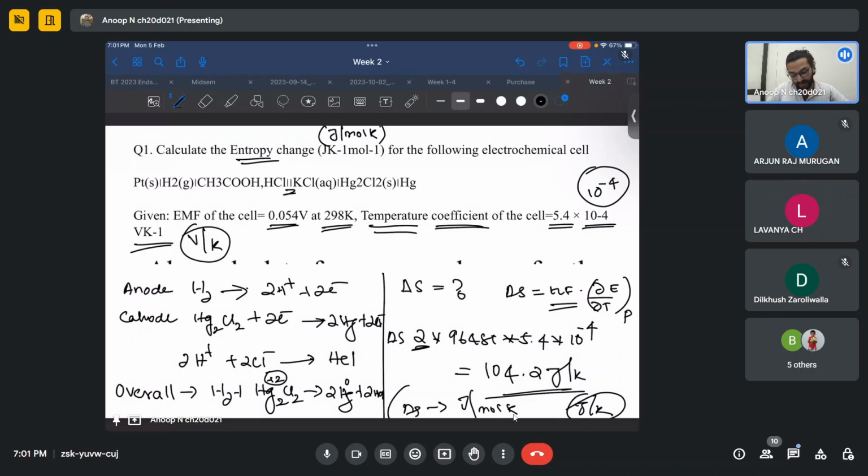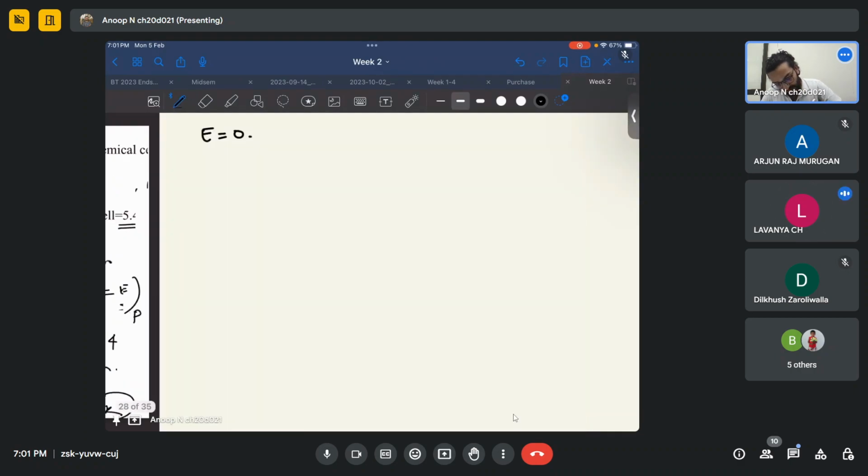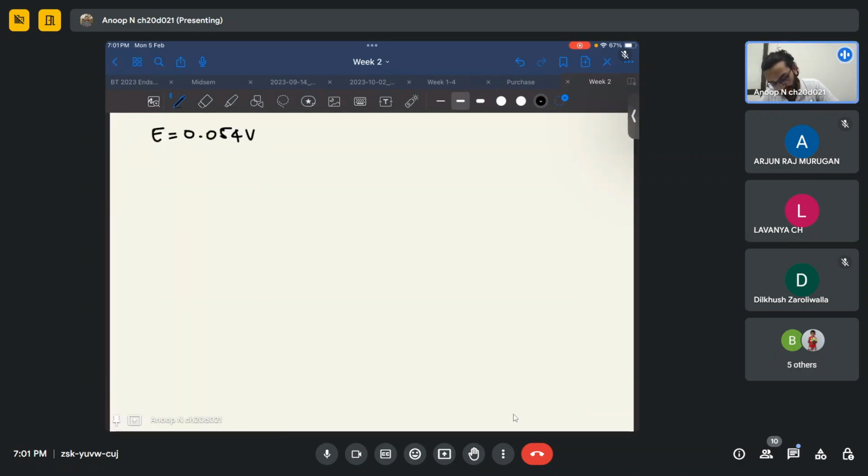Yeah, is it fine? So the EMF of the cell is also given. E is equal to 0.054 volt. So can you calculate delta G? Can you try to calculate delta G? What will be delta G?